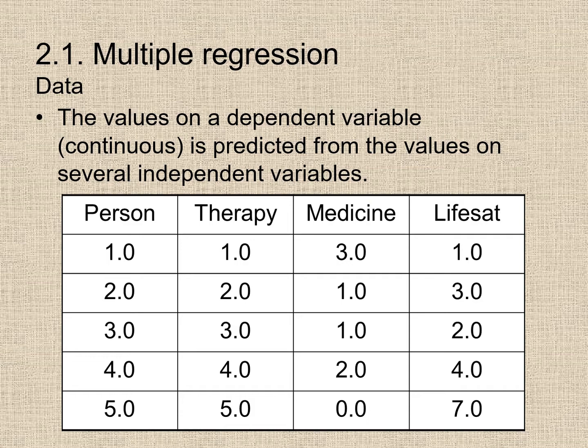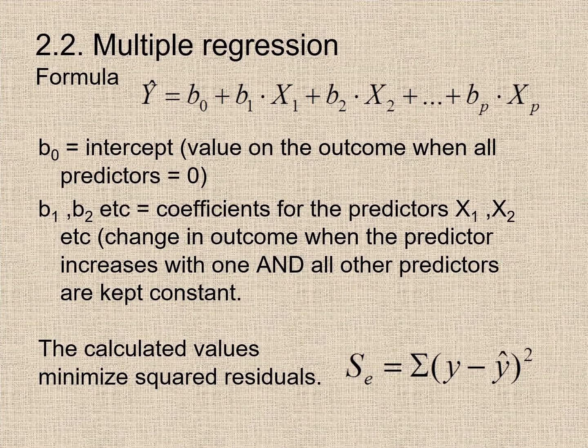Okay, so we get a formula that looks like this. A person's predicted value on the dependent variable equals an intercept plus his or her value on the first independent variable multiplied by a coefficient, plus his or her value on another independent variable multiplied by a coefficient, and so on.